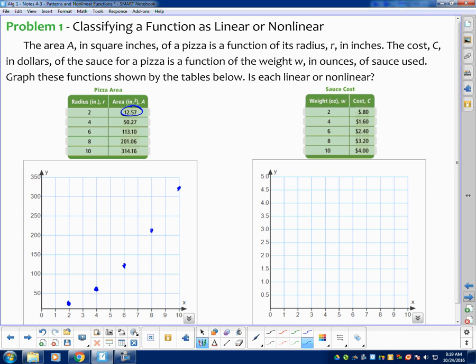It almost looks linear, but you can see that it's actually not. If you draw a line or curve through these, you'll see that it curves up. It's kind of growing a little more. You can see there's not a common difference between each of these sequential areas.